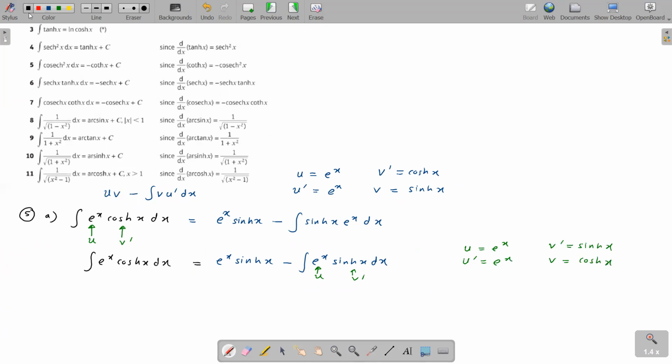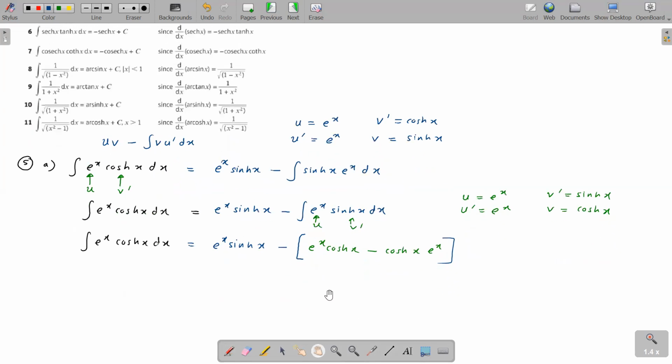Let's input the value here. I'm trying to get the answer for the integration of ex cos x. So this is equal to, so far I have got ex sin x minus, let's put a big bracket here because we are about to use integration by parts. U is ex, uv minus vu dash. U dash is ex.